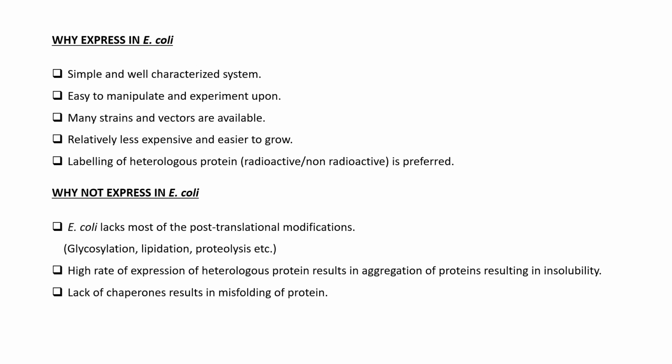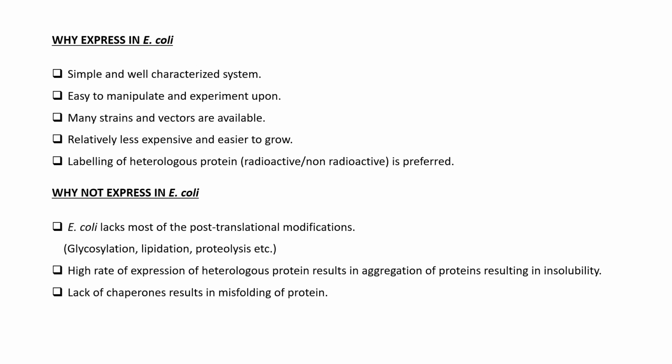Now there are certain drawbacks of using E. coli. As you all know, there are very few post-translational modifications like glycosylation, lipidation, proteolysis, etc. in the E. coli model. So if you express a eukaryotic gene in the E. coli system, there is a chance of producing inactive protein due to lack of post-translational modifications.